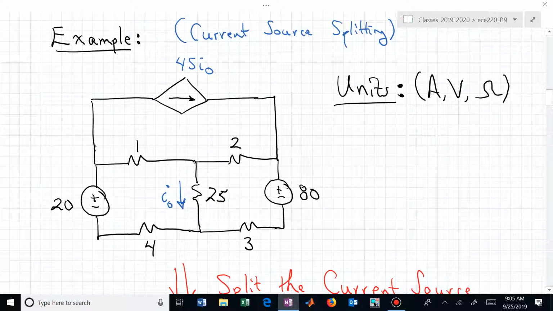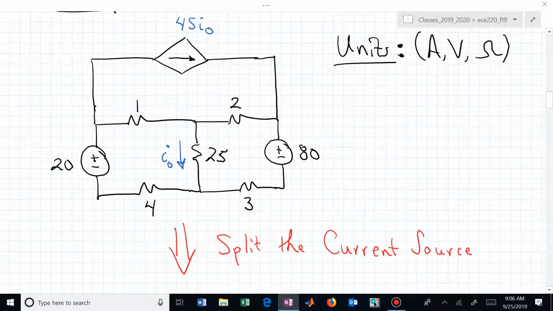We have this interconnection, and it involves three meshes if we wanted to analyze it directly with mesh current analysis. We could analyze it with node voltage analysis, but for me it looks like it's screaming to be analyzed by mesh current analysis.